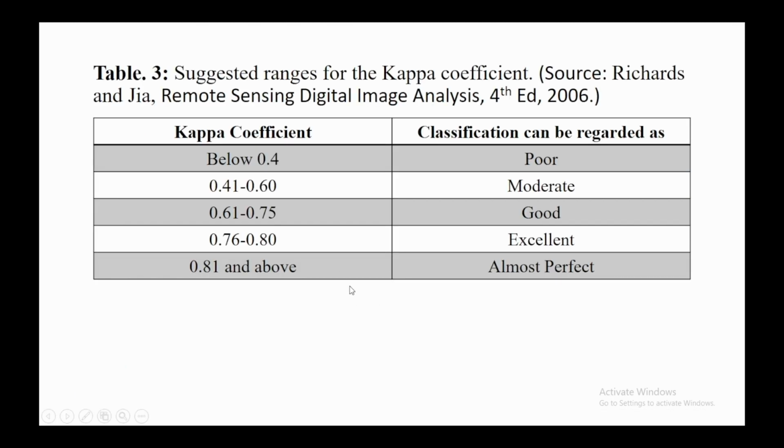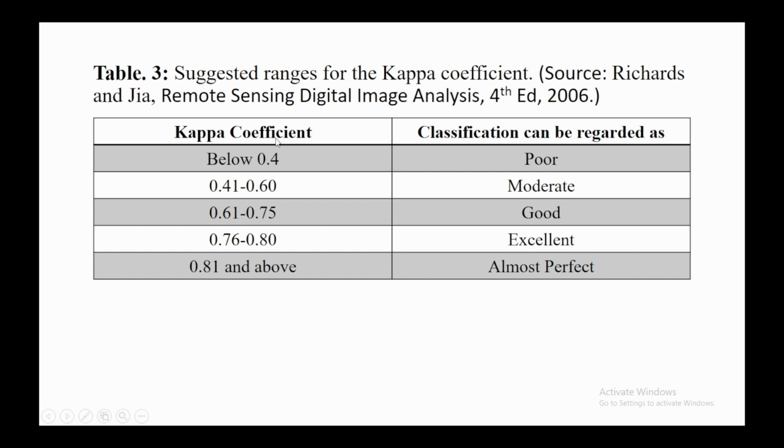Right, in this table, I have listed the suggested ranges of the Kappa coefficient and what that particular Kappa coefficient means in literal terms. For example, if the Kappa coefficient value is less than 0.4, then the classification can be regarded as poor.